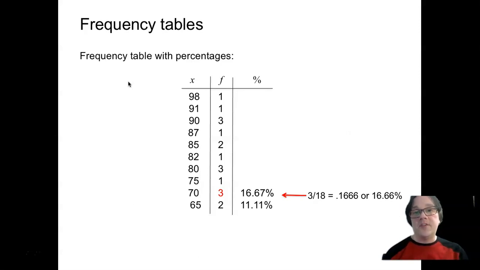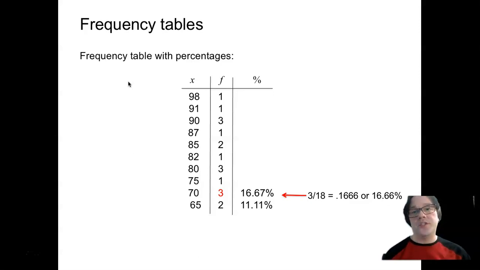And we could do the same for the next score, which is 70. And 70 appears 3 times in our data set. So what percentage of scores in our data set are 70, right? Well, we can take 3, which is the frequency, divided by 18, and we end up with 0.1666.